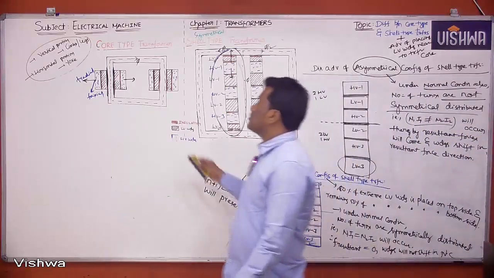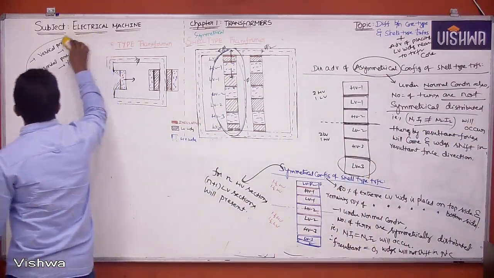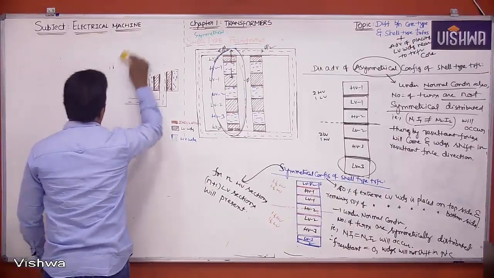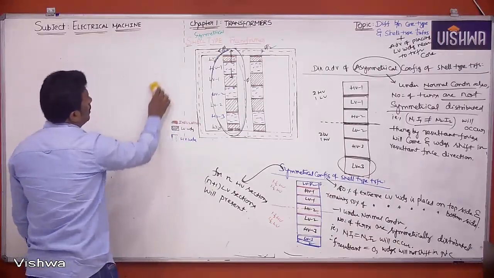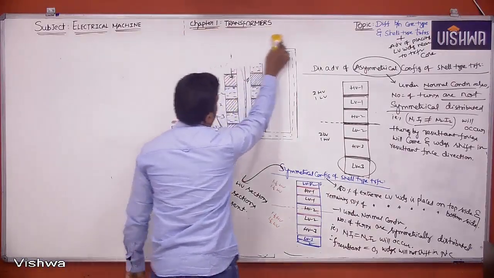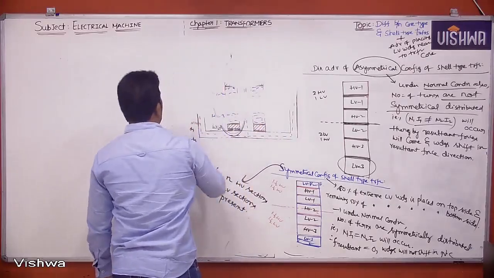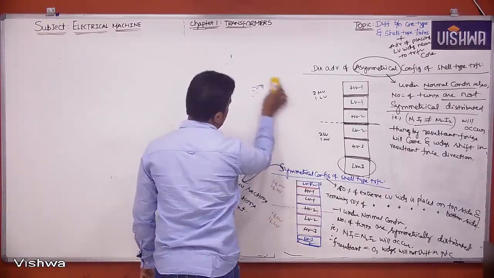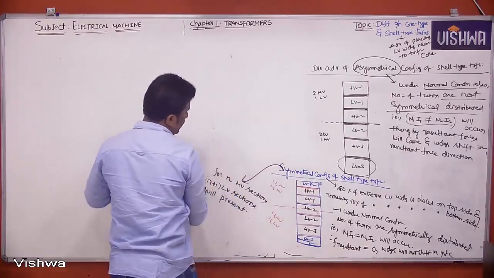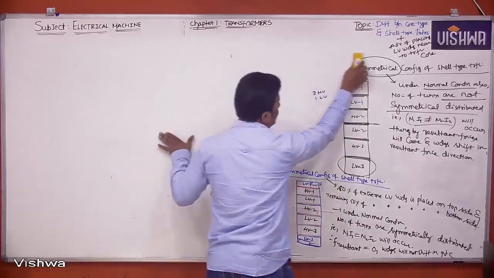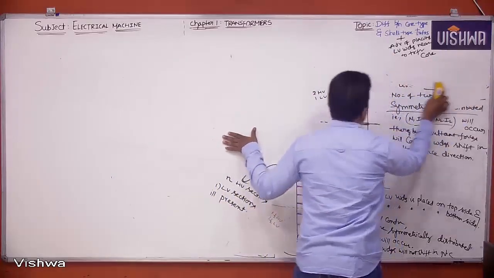Right. Next, we'll go for our next topic: advantage of placing low voltage winding near to transformer core.